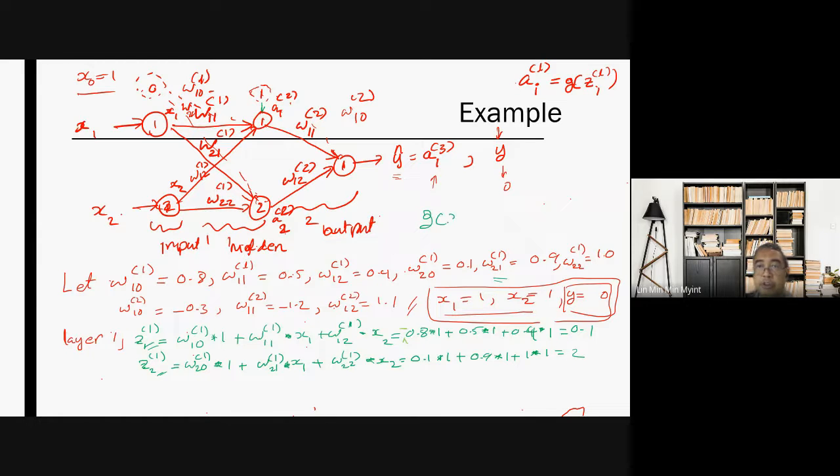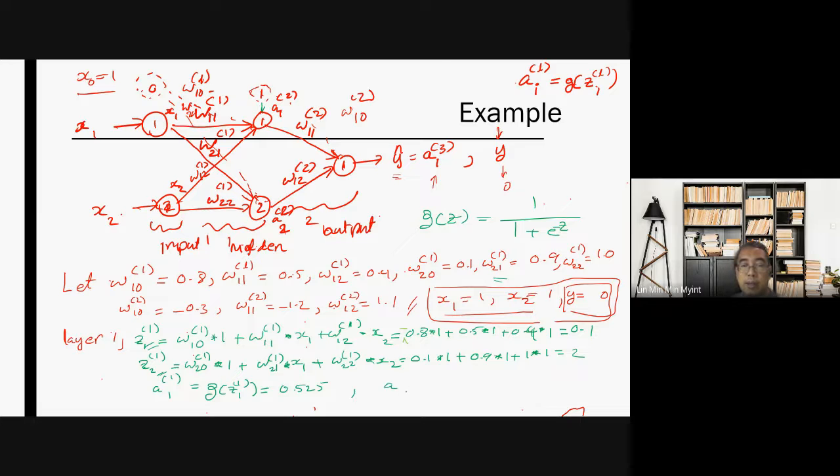After we got this, I forgot to mention that our activation function is just a sigmoid function, 1 over 1 plus e to the minus C. So if we calculate A11, we substitute C11 in this logistic function and it will be equal to 0.525. You can use a calculator.